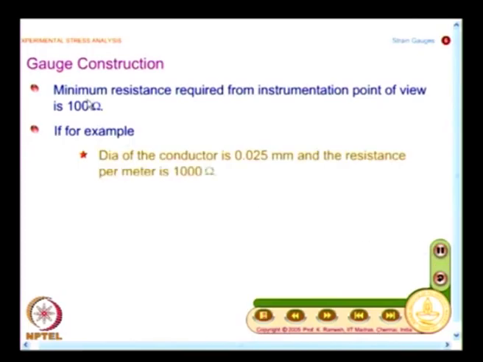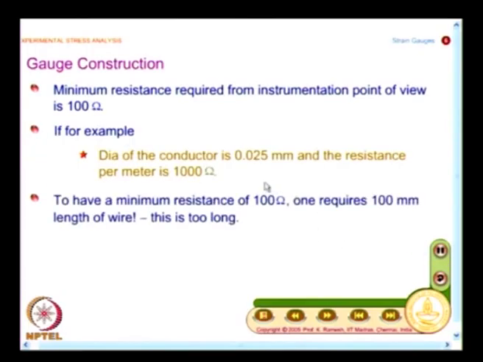And if you want to have 100 ohms, and if you have a diameter of the conductor as 0.025 millimeter, this was the kind of resistors that they had at that time, and also take for example, the resistance per meter is about 1000 ohms. If you have to meet this requirement of 100 ohms, one requires 100 millimeter length of wire.